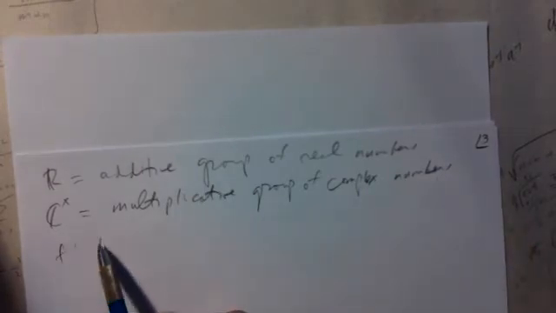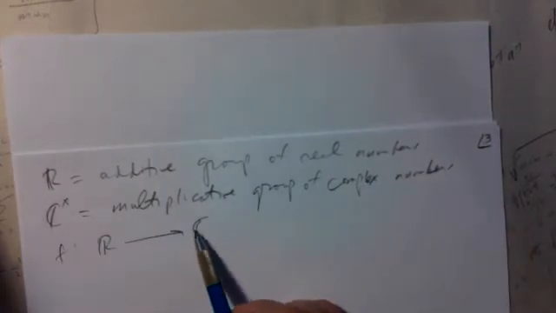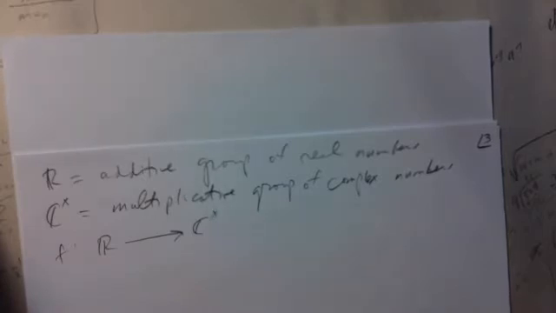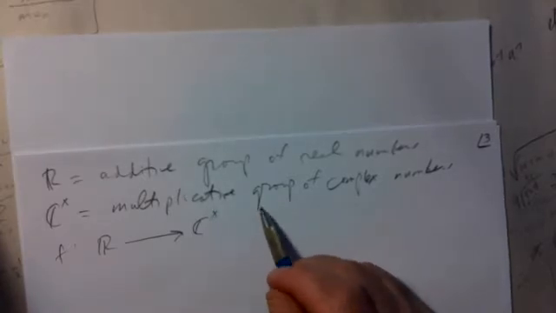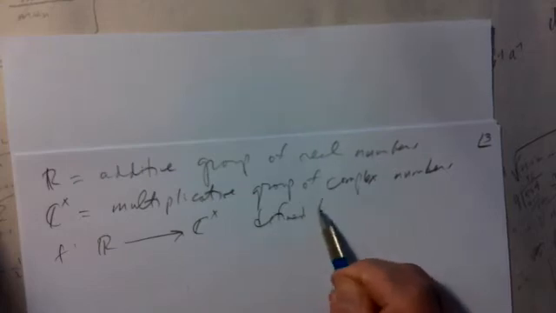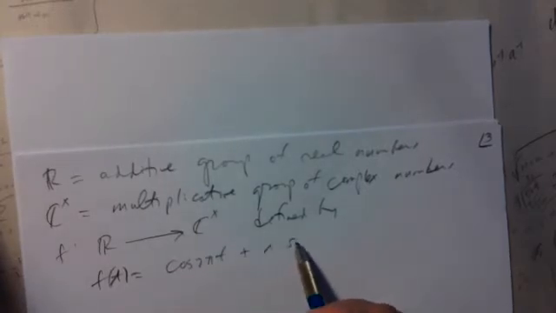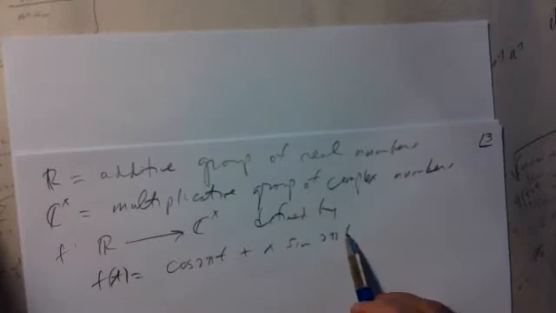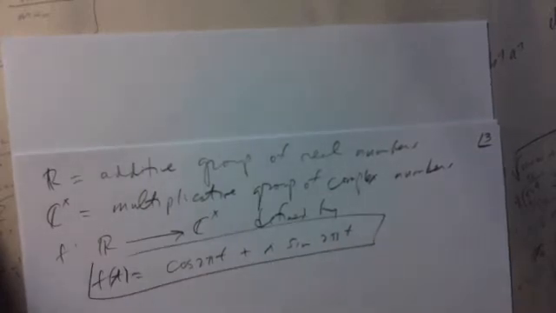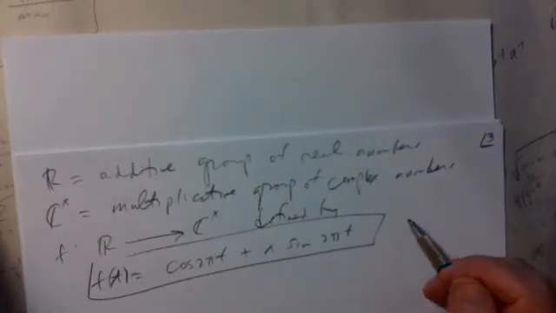And this function from the additive group of reals to the multiplicative group of complexes defined by f of t, for any real number t, is cosine 2 pi t plus i sine of 2 pi t. And we just proved this is a homomorphism.